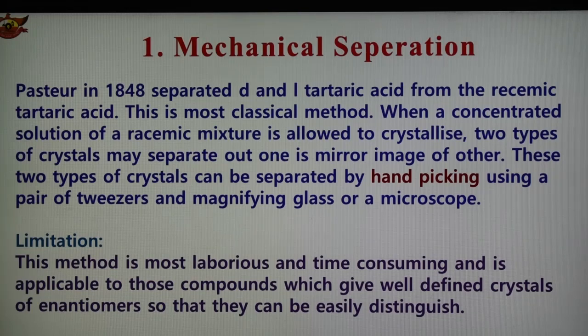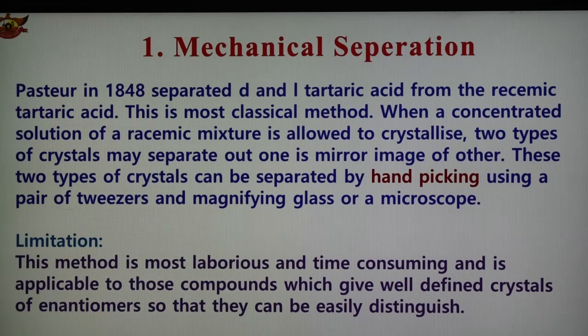It is used only in cases where the crystals of enantiomers can be easily distinguished. One is this, the second one is this, so by hand picking they can be separated. This is the simple mechanical method used by Pasteur to separate the enantiomer from the racemic modification. Pasteur also separated D and L tartaric acid from the racemic tartaric acid.